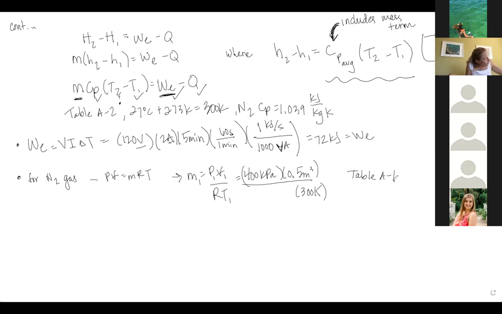Then we're going to look at nitrogen, and look at the gas constant for nitrogen, which in my book looks like, so R for N2 is going to be 0.2968 kilojoule per kilogram Kelvin.